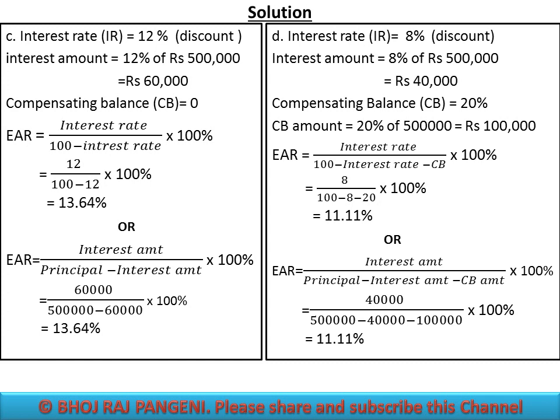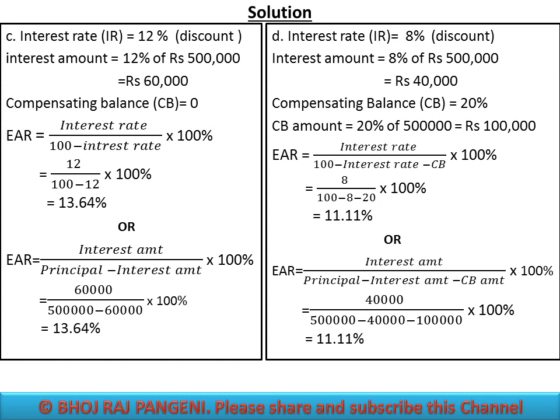This is the decision. Since the EAR of alternative D, among alternatives A, B, C, D, there are 4 EARs. Among them, the EAR of alternative D is lower than the others.